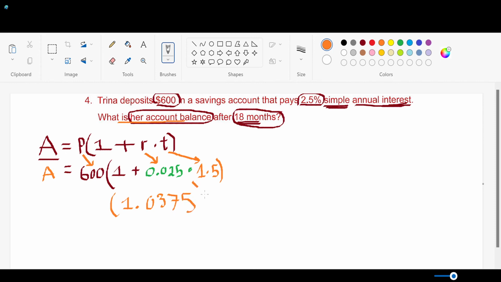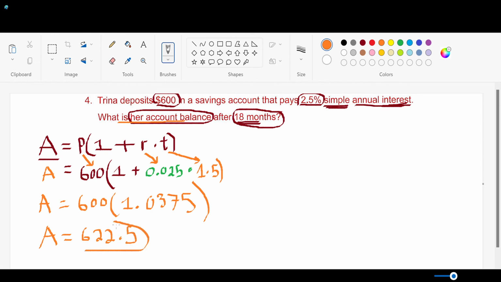That number, 1.0375, is multiplied by 600. I'm going to use my calculator to help me with this. 1.0375 times the initial deposit, which was $600, gives me A equals $622.50.